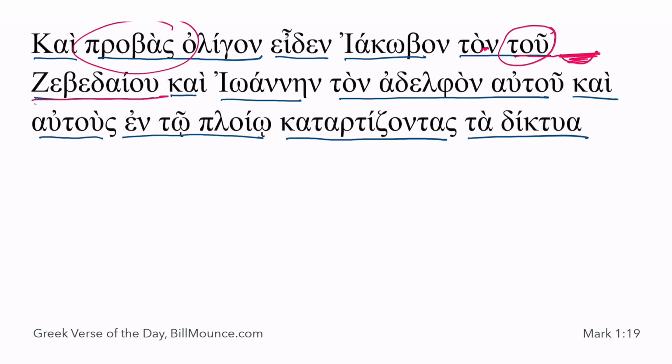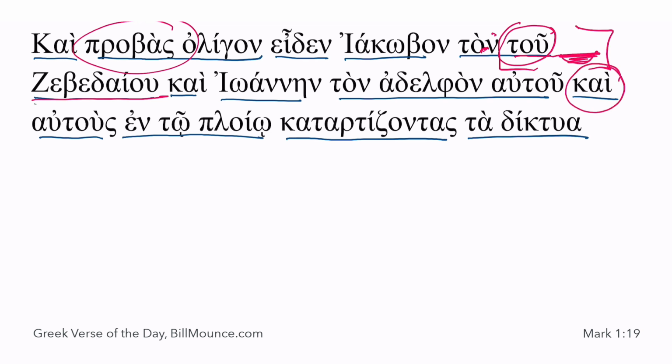And clearly here it would be huios. So it's the son of Zebedee. So again, article, then here's your modifier, and then your noun. So the son of Zebedee. These things are very straightforward. Context will let you know what they are. And John, his brother. And the other thing I really wanted to point out was kai.